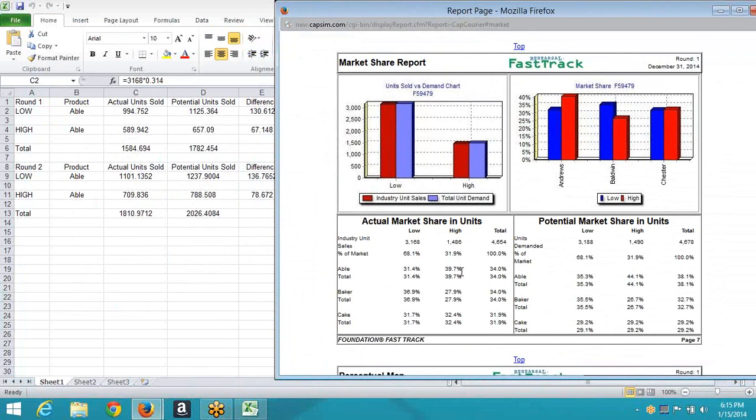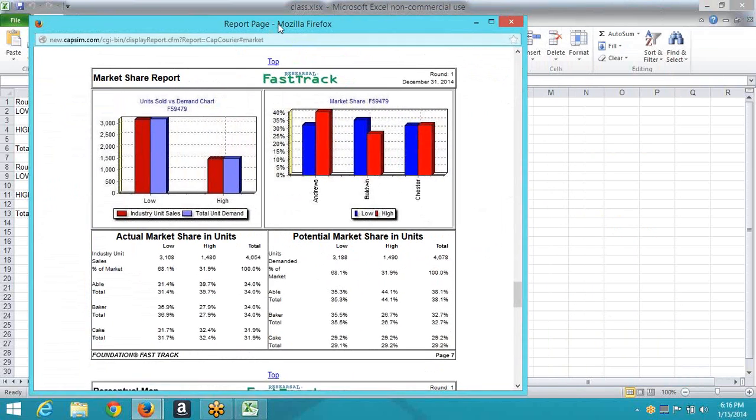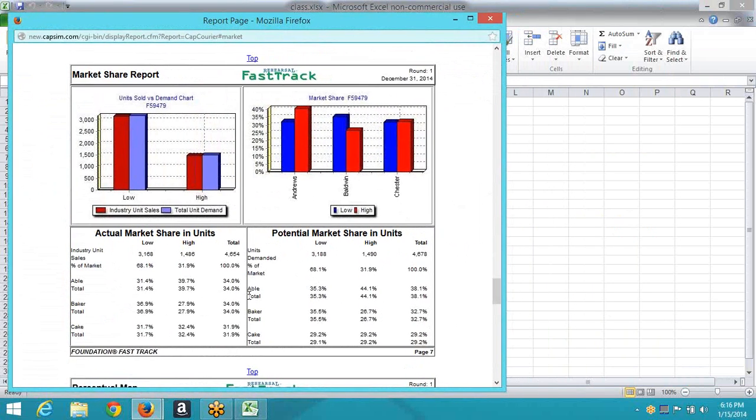Then I do the same thing for the high-tech market to find out the actual amount that I sold. Once you find out what you actually sold, you want to find out what you could have sold, so your potential in the market. The potential is given right next to it.